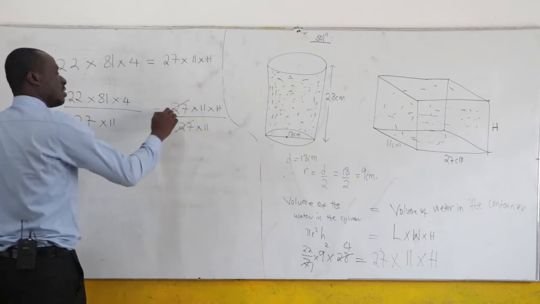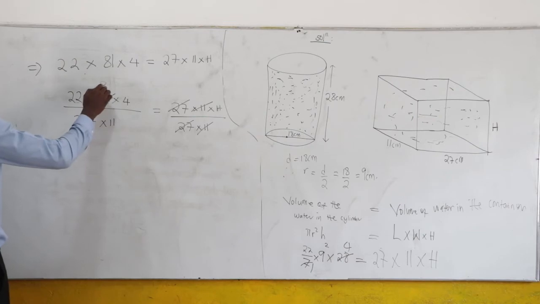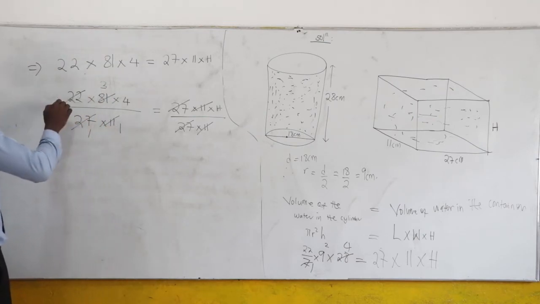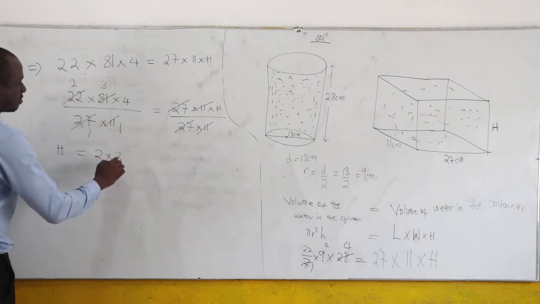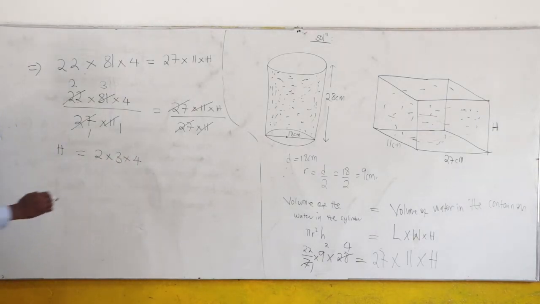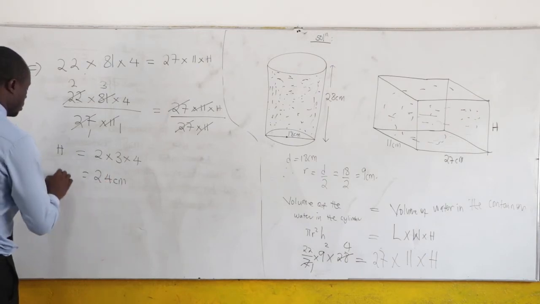Now this is cancelling out that, this is cancelling out that. 27 is going into itself 1. 27 will go into 81, that is 3 times. 11 will go into itself 1, 11 will go into 22, that is 2 times. So we have our depth to be equal to 2 times 3 times 4. 2 times 3 is 6, 6 times 4 is 24 centimeters.